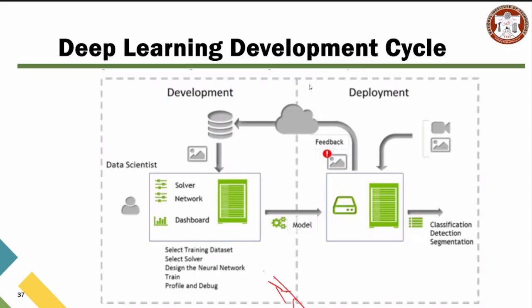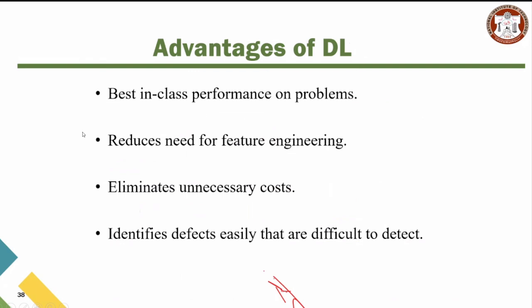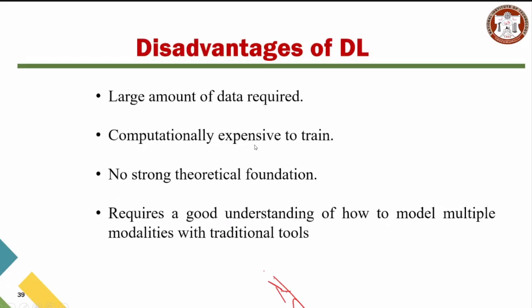These are all the advantages of deep learning. Best in class performance on problems, reduces the need for feature engineering, eliminates unnecessary cost, identifies defects easily that are difficult to detect. Disadvantages: a large amount of data is required, and it is computationally expensive to train.